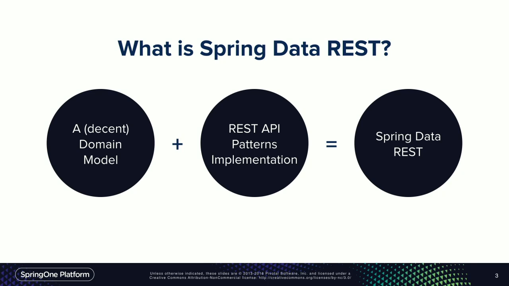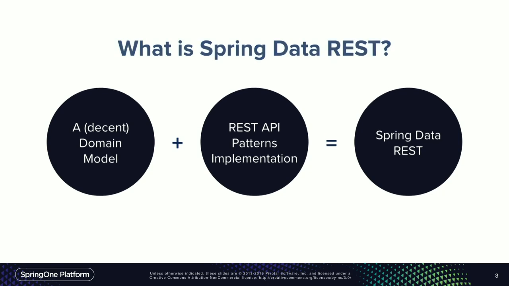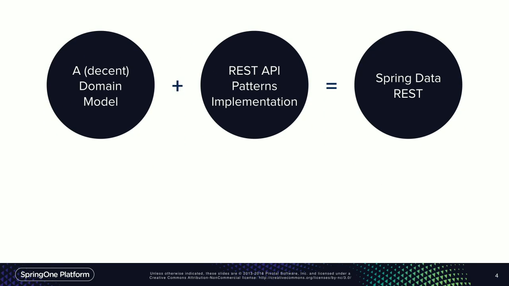So let's say you start with a better domain model, not just arbitrary entities, and you haven't thought about anything really. You flip on Spring Data REST, and it will create some HTTP resources for you that your clients could use. But the point is that we're just trying to make the simple things less cumbersome.